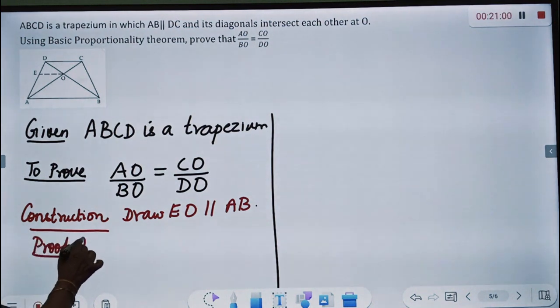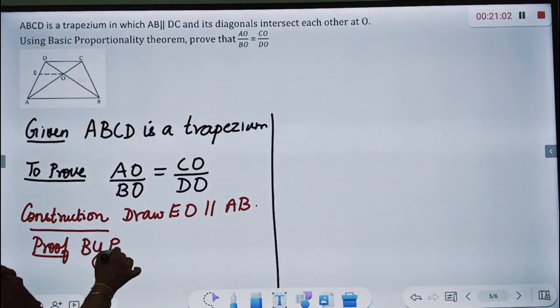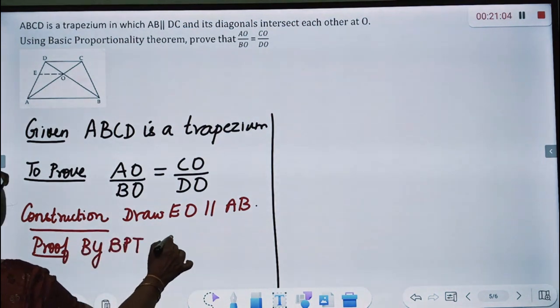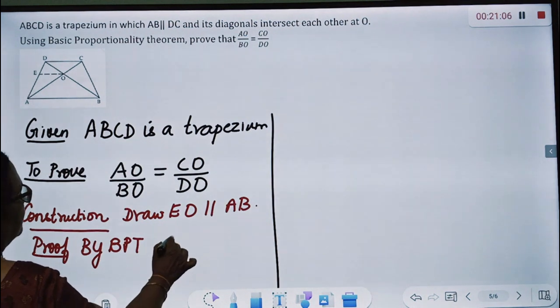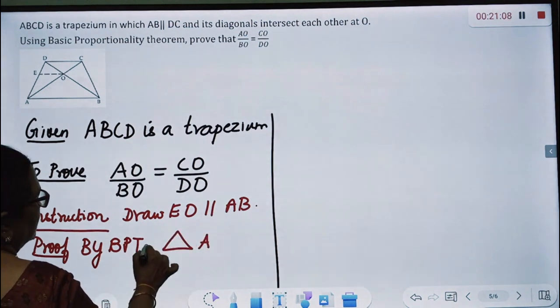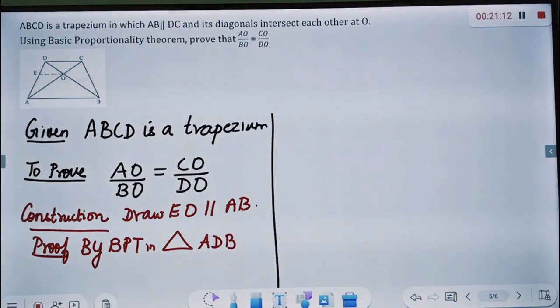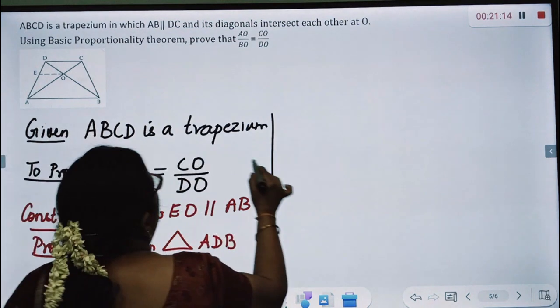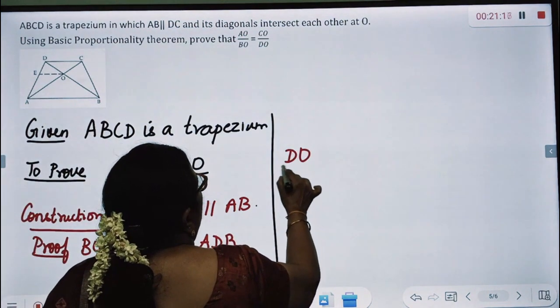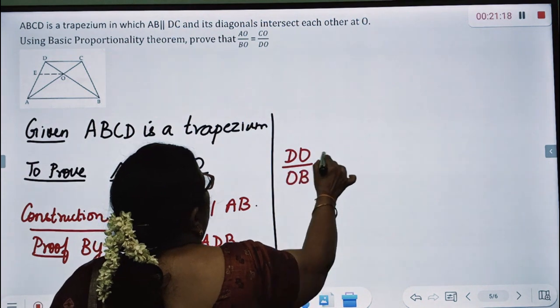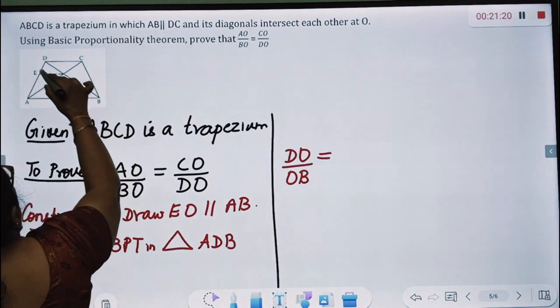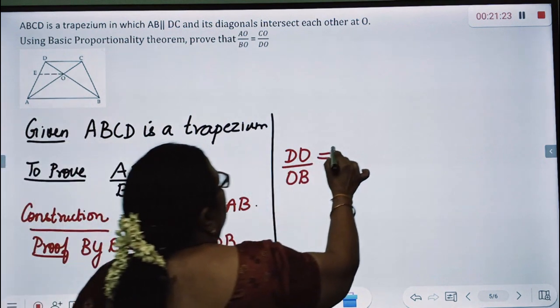So, can I use BPT? By BPT, in triangle ADB, what will you get? DO by OB is equal to DE by EA.